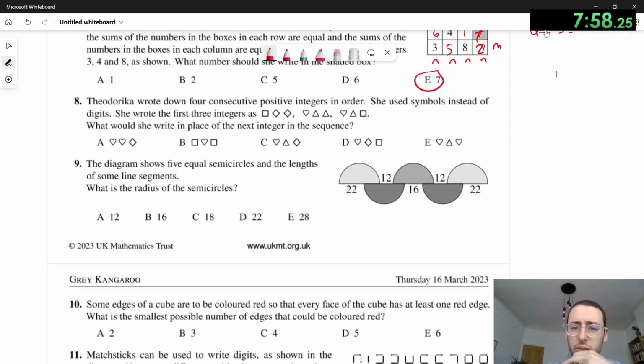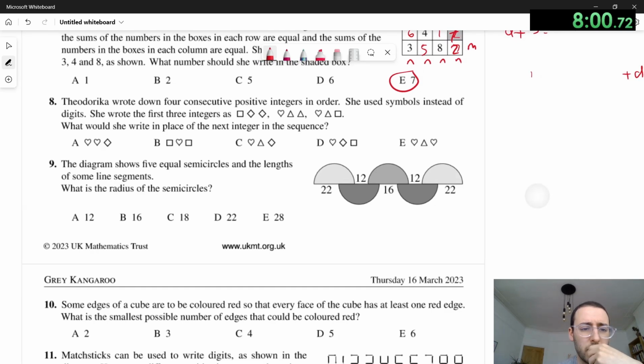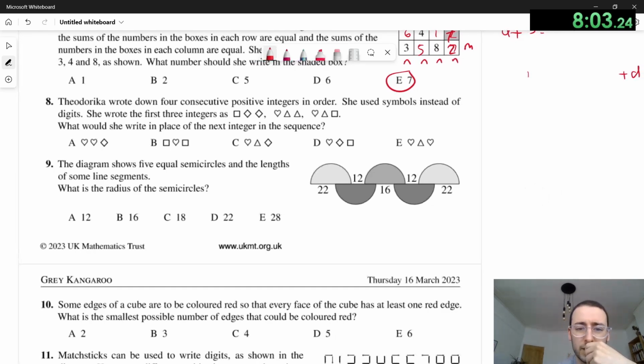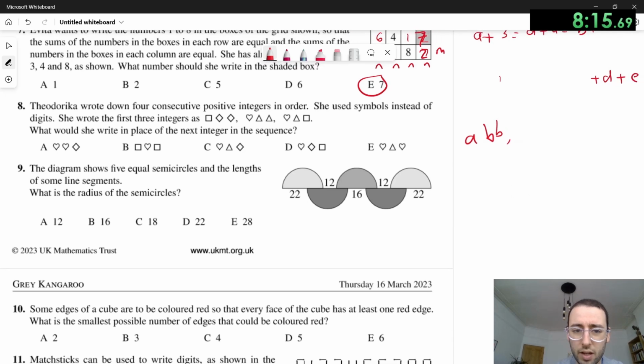Theodorica wrote down 4 consecutive positive integers in any order. Okay, we've got A, B, B, and then C, D, D, and then C, D, A. Okay, so it's like something in 99 going to 100 going to 101.